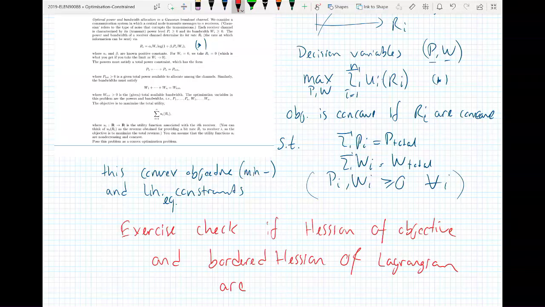Remember, I always remember it from the parabolas. If the parabola's constant is negative, then it's an inverted parabola. If it's positive, then it's bowl shaped. So they need to be negative definite, right? Or semi-definite. Then we know that we have a unique solution, and that is the case.